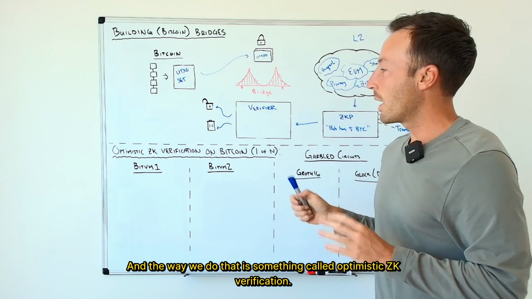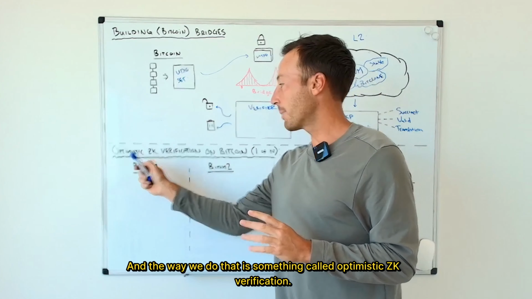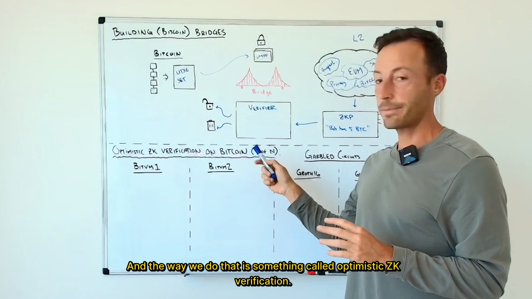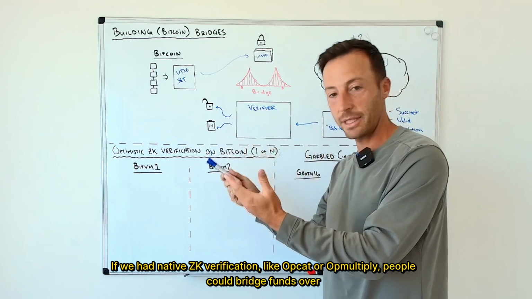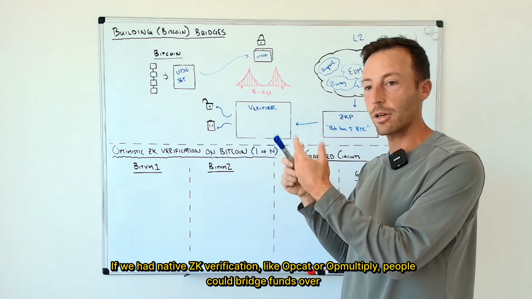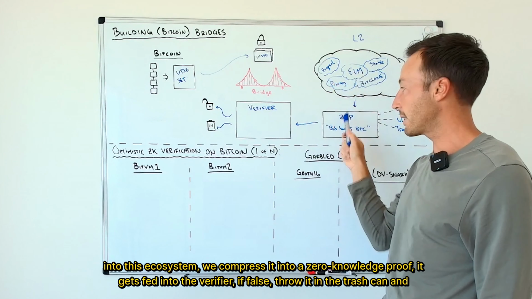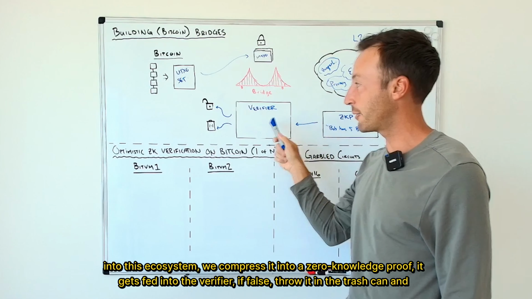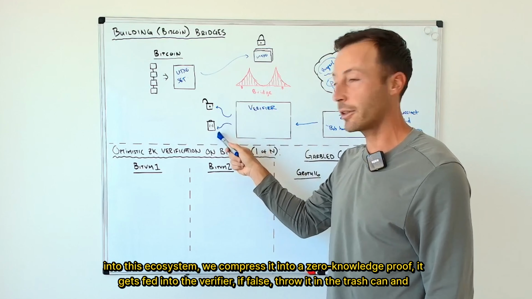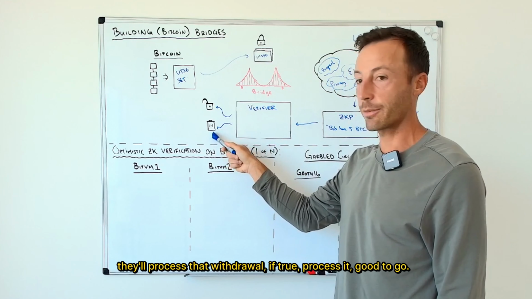And the way we do that is something called optimistic ZK verification. If we had native ZK verification like opcat or opmultiply, people could bridge funds over into this ecosystem. We compress it into a zero knowledge proof. It gets fed into the verifier. If false, throw it in the trash can and don't process that withdrawal.